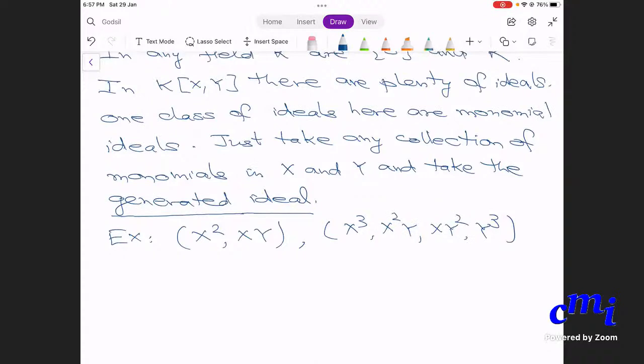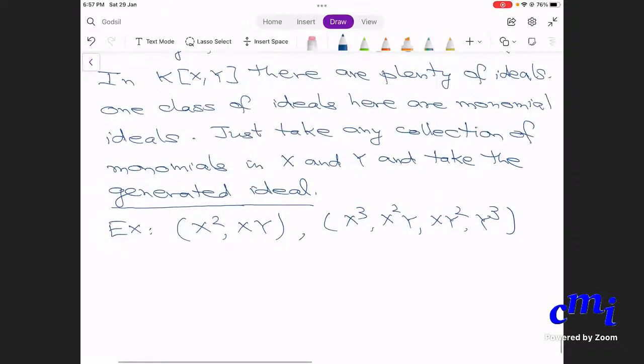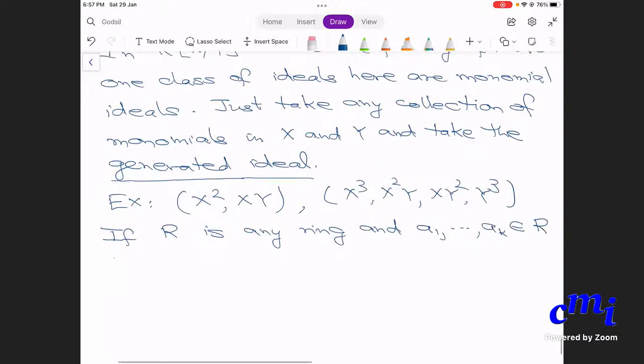So let me come back to what it means to say generated ideal. So what's the meaning of the term generated ideal? This I'll do in any ring. If R is any ring, and A1 up to AK are some K elements in R, then the ideal I generated by A1 up to AK, it's written like this, right?